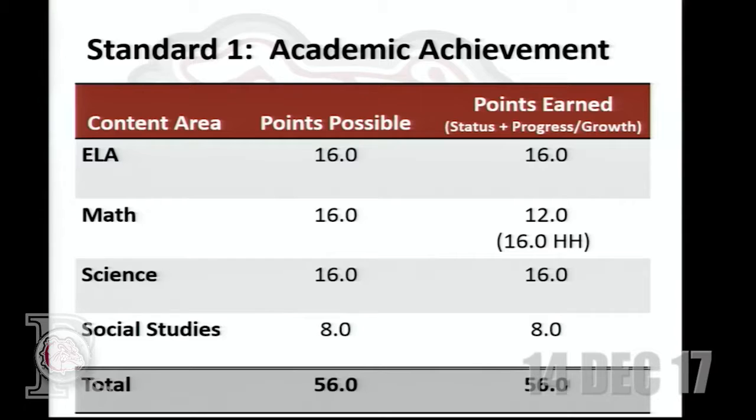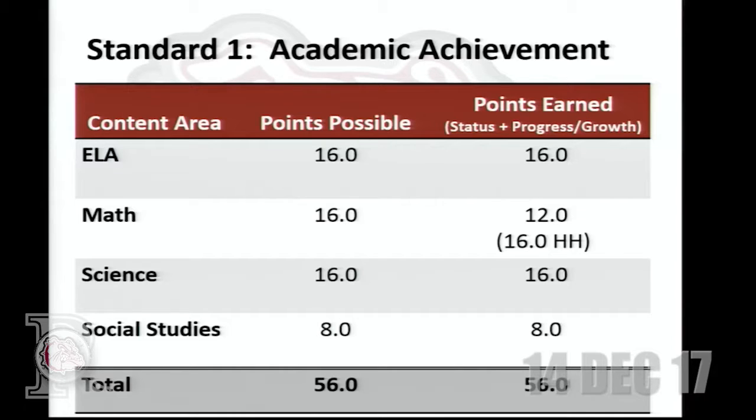So we've used the term hold harmless before. Because of all the changes in the assessments, because of the removal of the Algebra 1 scores, and because of the turmoil that we've had in changing tests year after year, the current APR does have a hold harmless provision in it. We earned 12 points. However, we're getting credit for 16 points because 16 points was our performance just prior to all of the assessments changing.